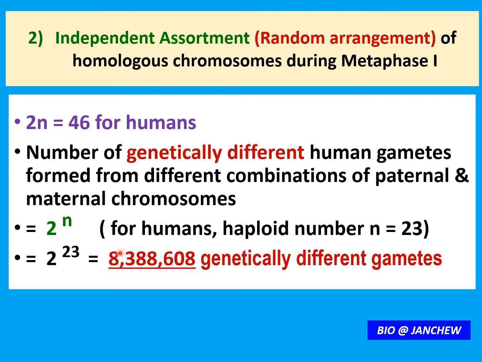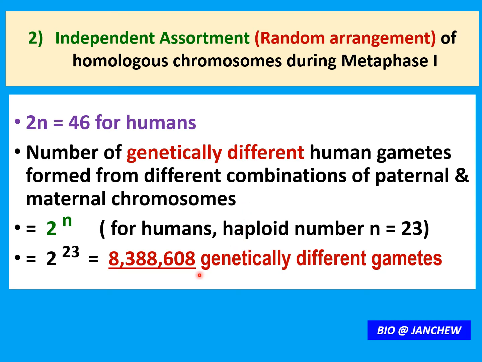Using the calculator, we find that this equals 8,388,608 genetically different gametes formed in an individual based on the different combinations of paternal and maternal chromosomes. This is actually a maths problem, right?